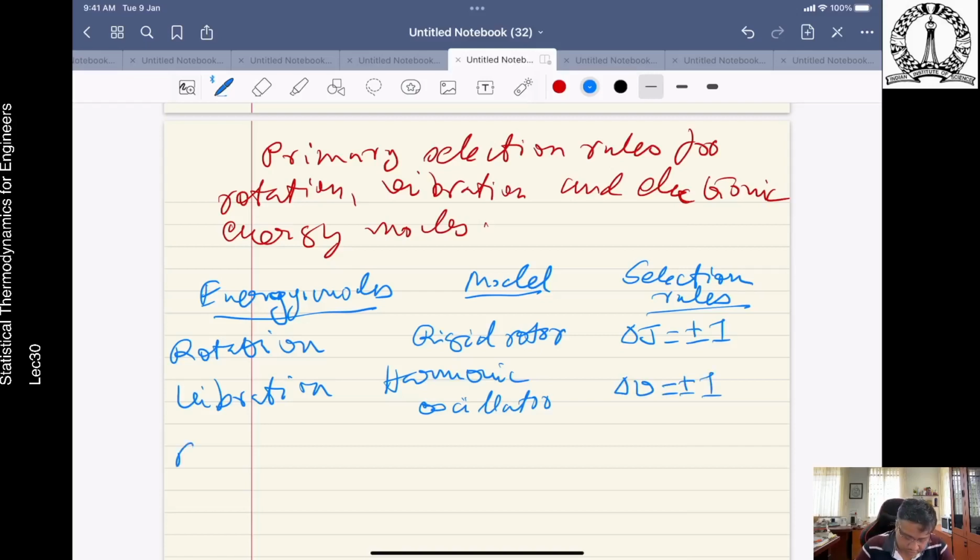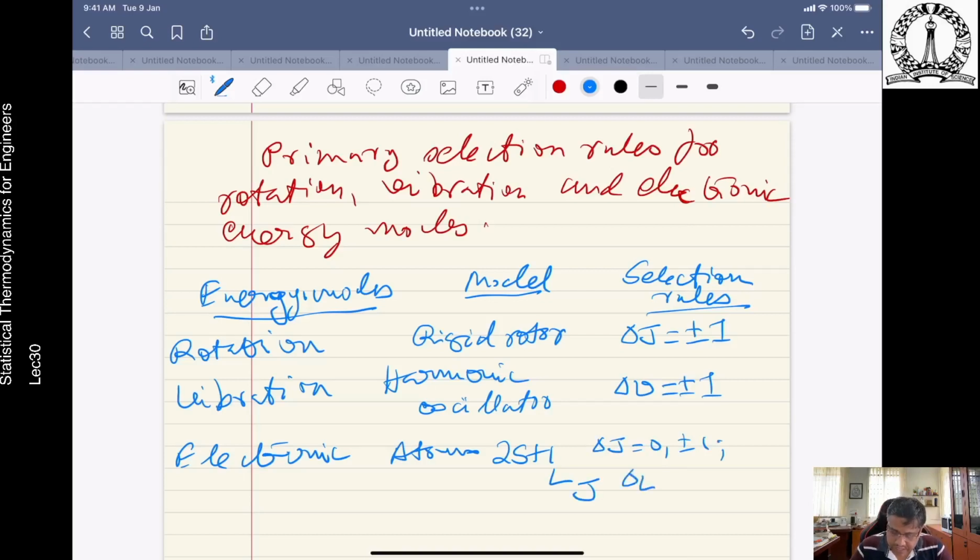Then of course electronic for atoms, the term is 2S plus 1 L J. Here the selection rule is delta J equal to 0, plus minus 1, though we know what is forbidden, and delta L equal to plus minus 1, delta S equal to 0.